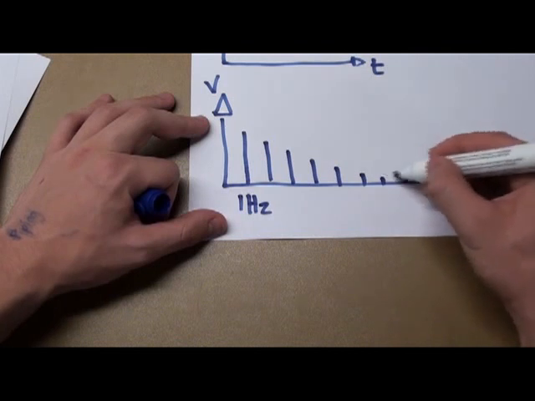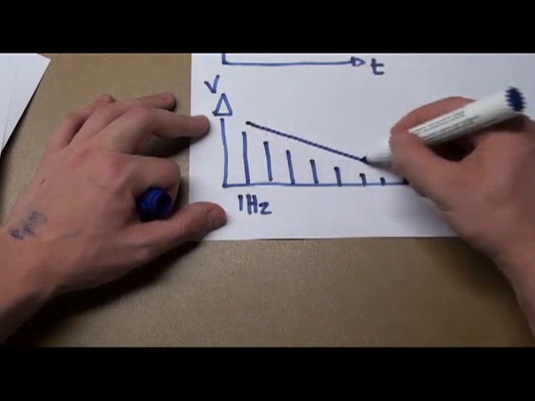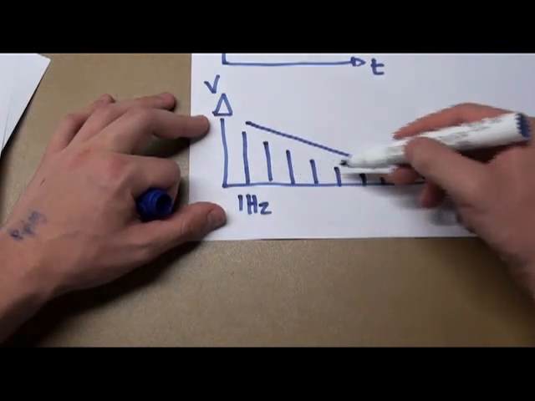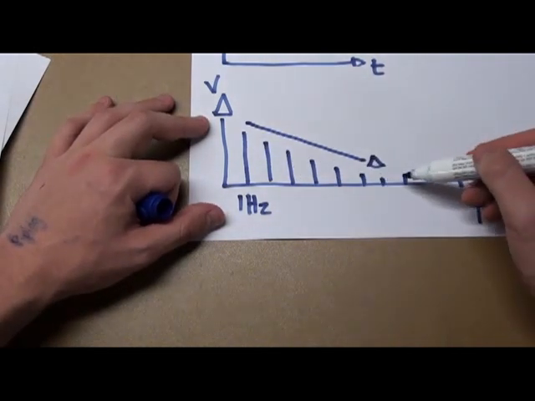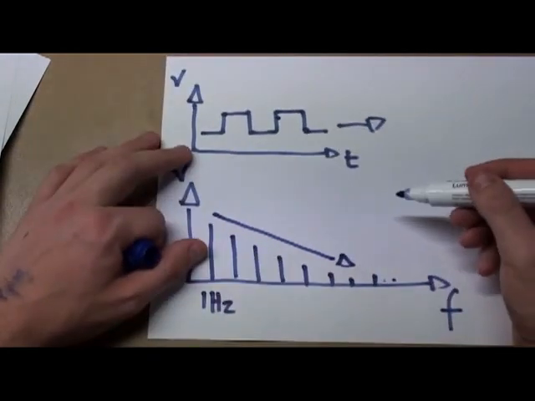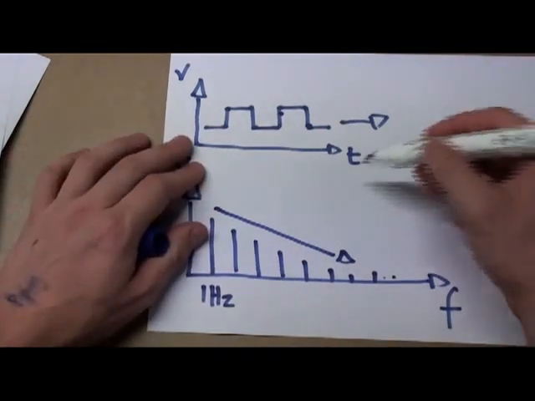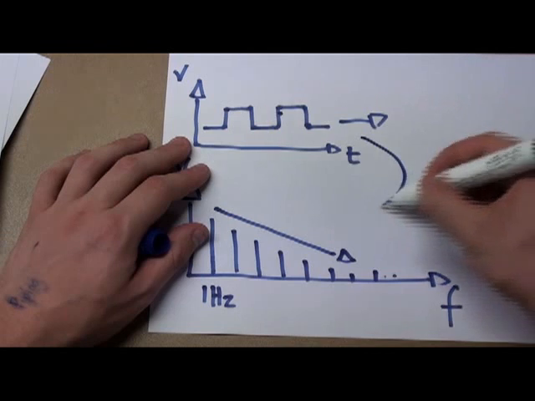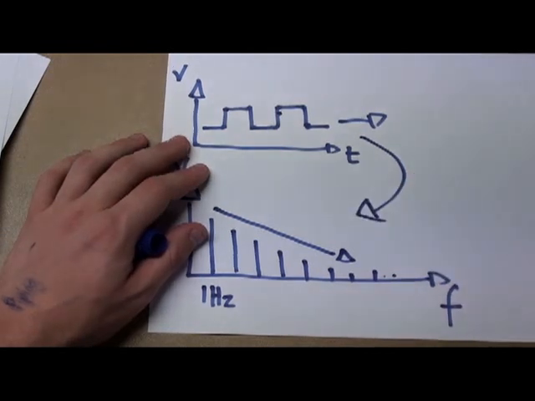Ooh, that wasn't small enough, but you get the point. We have lots and lots of sine waves at different frequencies, and if you join them all together you get this.